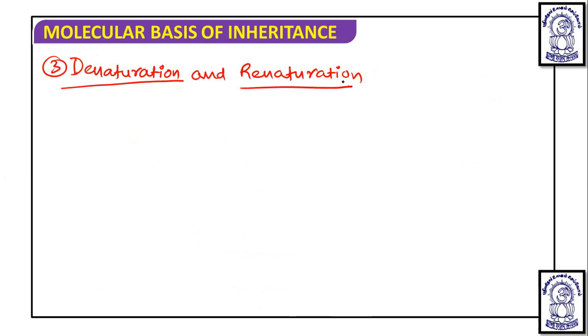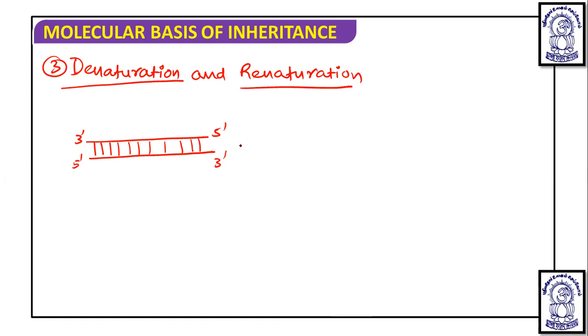Denaturation and renaturation. If this is the DNA, these are the two strands of DNA, and I have hydrogen bonds between these two. One is in 3' to 5' direction, and another one is in 5' to 3' direction. So it is a DNA.